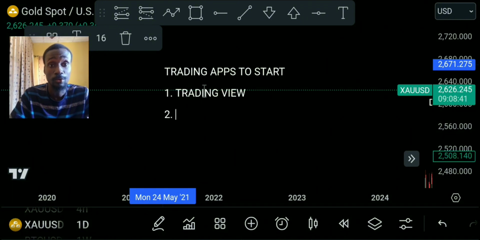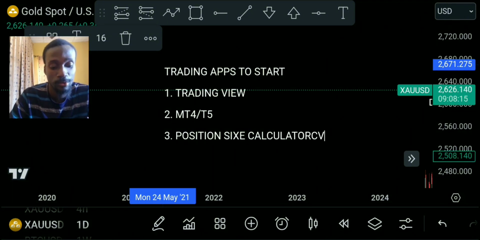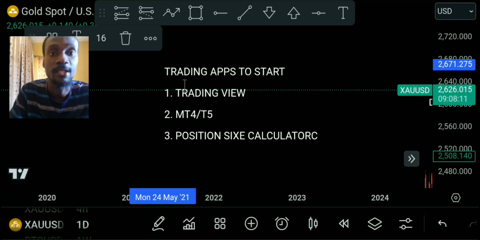Number two, you need MetaTrader 4, MT4/MT5. And number three, you need a position size calculator. So guys, these are the three things you need before you can start trading.